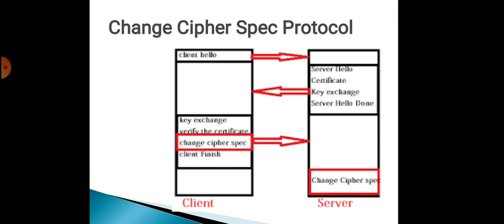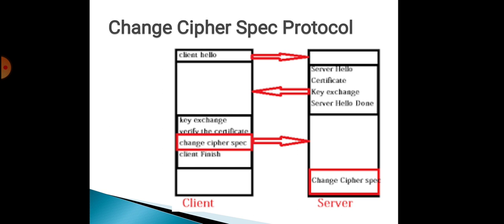When the client and server receive the change cipher spec message, they copy the pending read state into the current read state. When the client and server write a change cipher spec message, they copy the pending write state into the current write state.